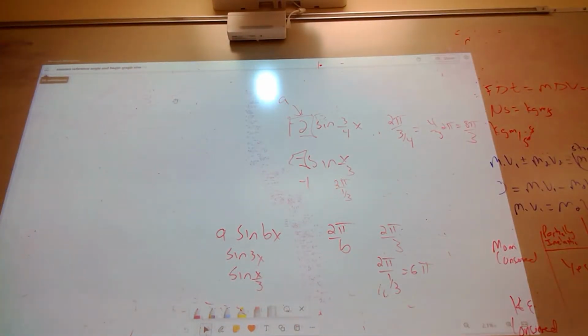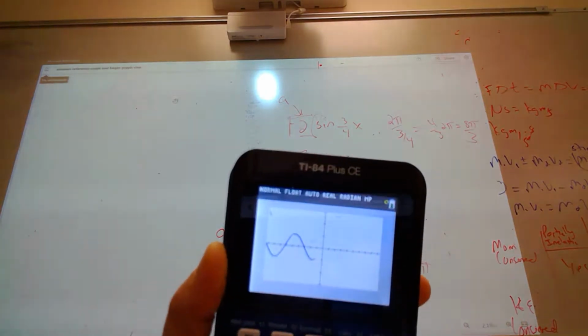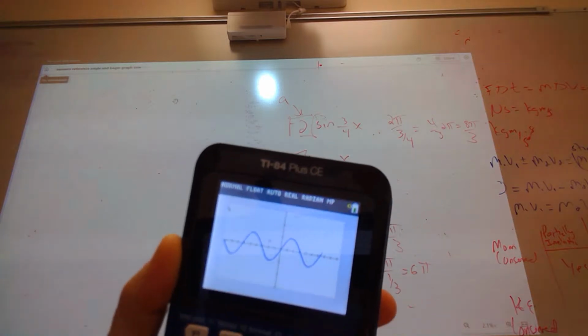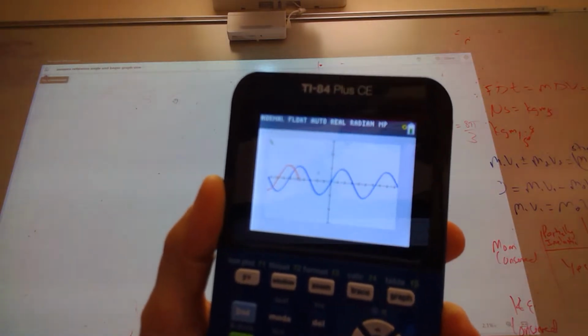I want you to plot cosine x. First, start by just graphing cosine x and sine x. So what you should see is they are identical. They are just shifted in time.